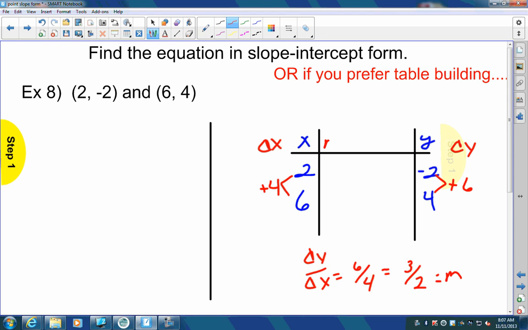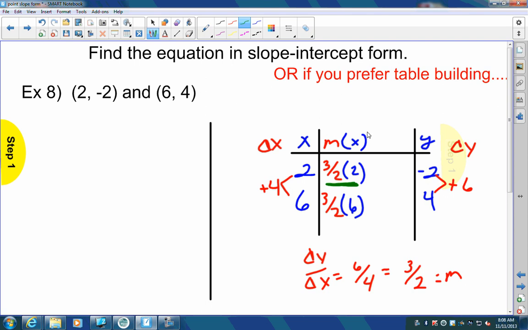So right here, I'm going to put 3/2. I'm going to take it times my x. Times 2, times 6, doesn't matter. Now, when I multiply these two numbers together, I get 3.